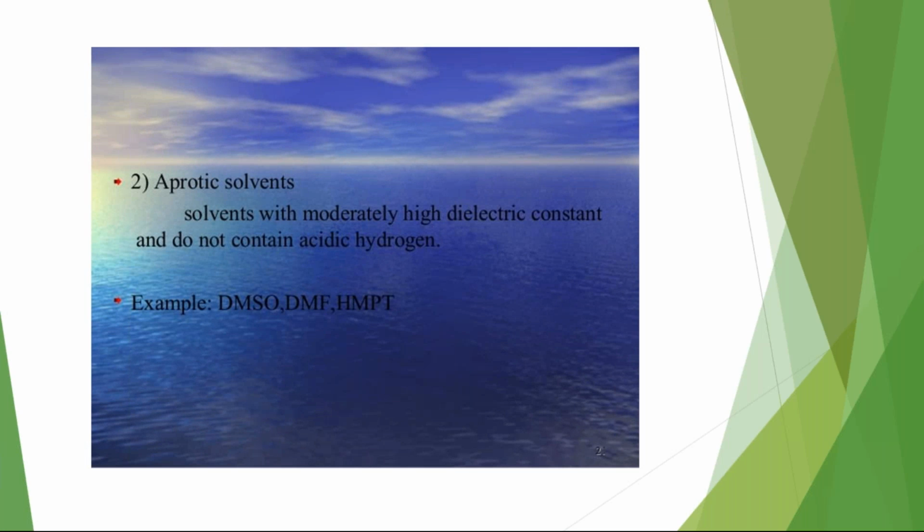Next is aprotic solvent. So aprotic solvents are those with moderately high dielectric constants and they don't contain acidic hydrogen. They contain hydrogen but it is not acidic. Examples are DMSO, DMF and HMPT.